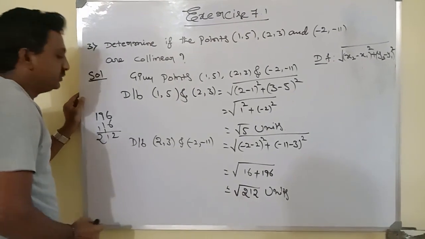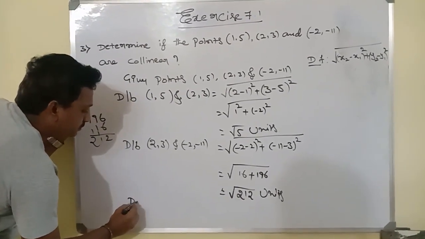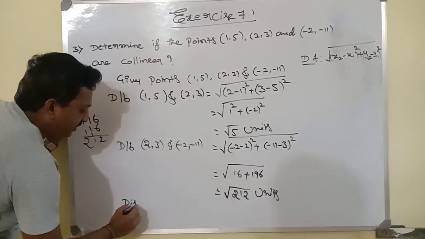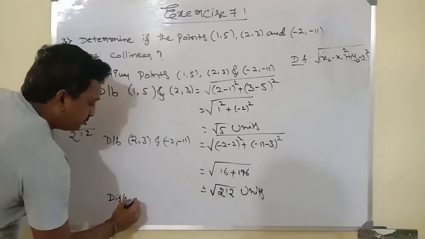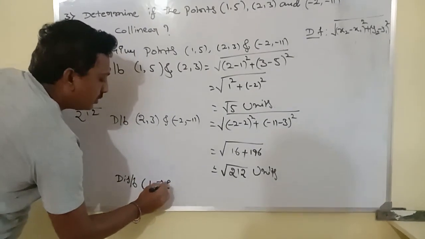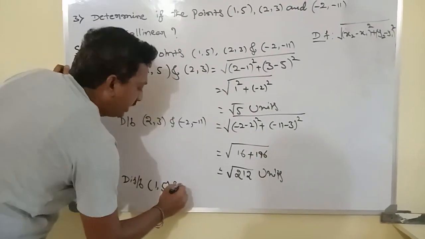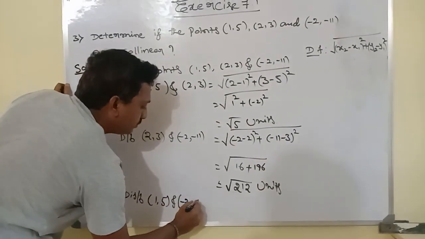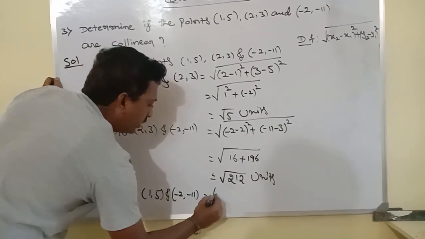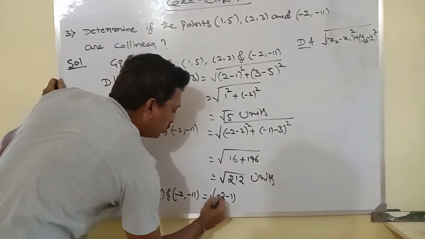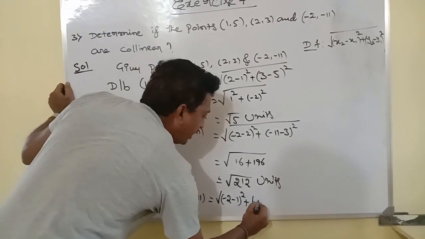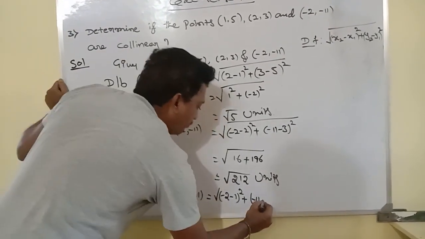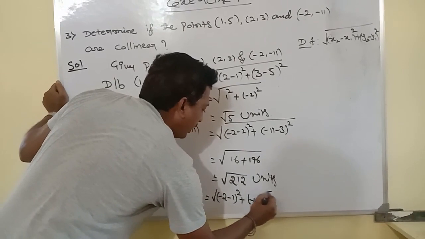Now, lastly, the distance between (1, 5) and (-2, -11). That equals square root of (-2 minus 1) whole square plus (-11 minus 5) whole square.